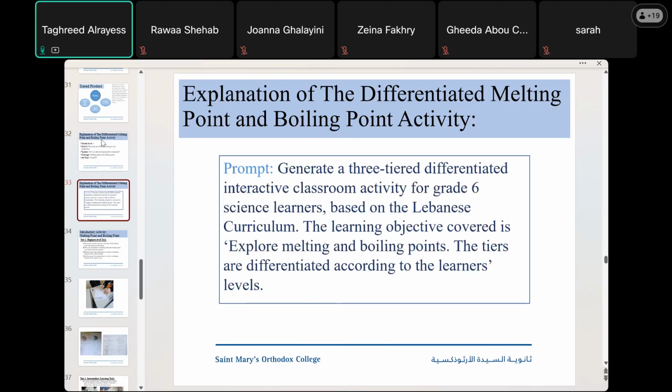ChatGPT has provided a well-structured activity that included clear steps, engaging tasks, and differentiation strategies to accommodate different learners. It has organized the content in a way that promoted learner collaboration, critical thinking, and inquiry-based learning. ChatGPT has refined my ideas by offering explanations, discussion prompts, and reflection questions, which has made my lesson more interactive and more effective.